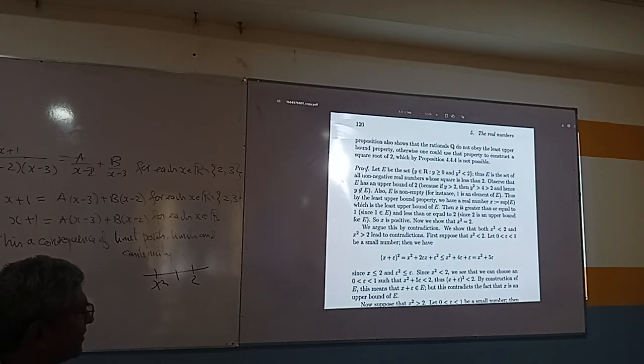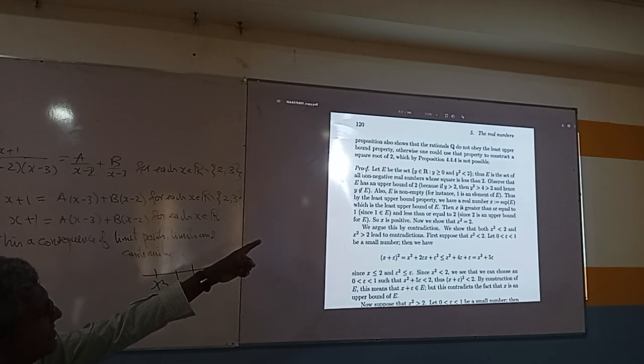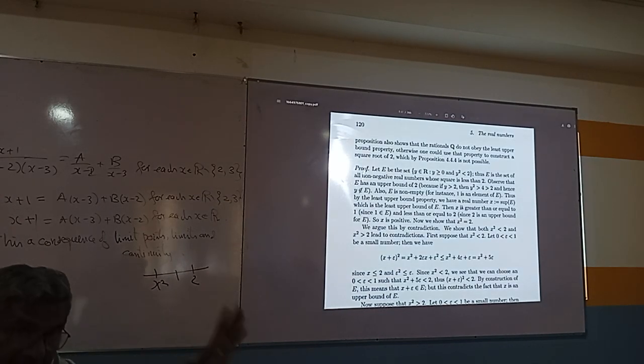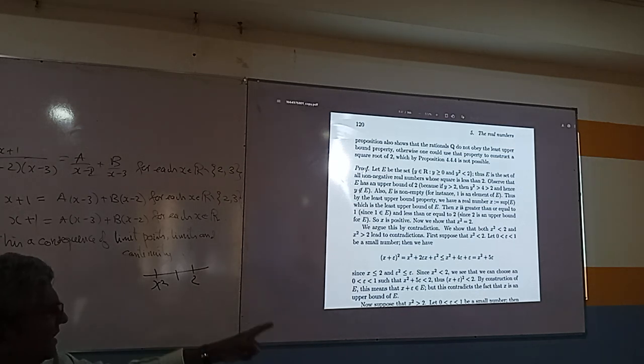By construction of the set, this means that x plus epsilon belongs to E, because E is the set of all non-negative real numbers whose square is strictly less than 2. Now we have x plus epsilon whole thing squared less than 2.